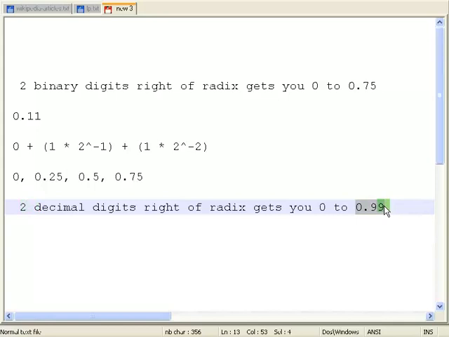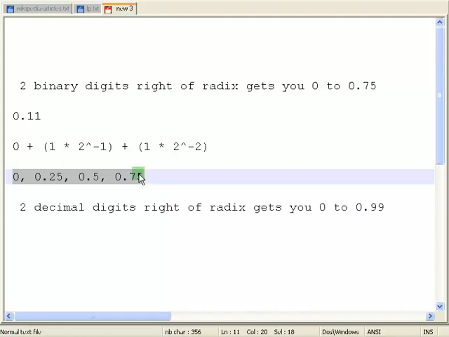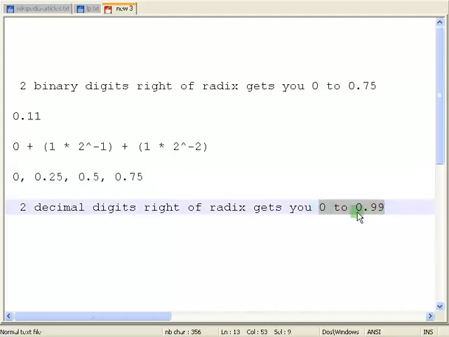And also the values representable in the smaller base system are all found in the set of values of the larger base system. So you can have 0, 0.25, 0.5 and 0.75 using just 2 decimal digits right of the radix point.